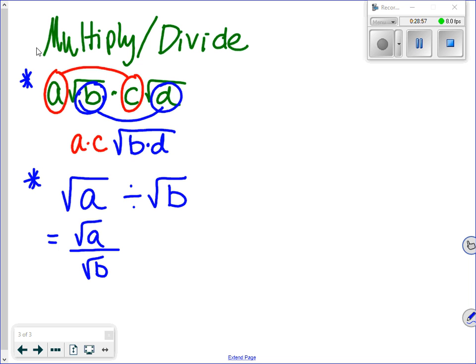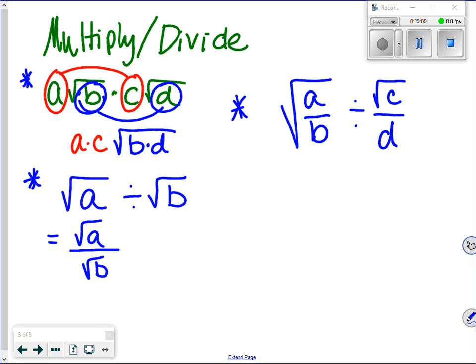If they give you something like the square root of A over B divided by the square root of C over D, so first thing I would do is check to see can anything simplify or reduce.